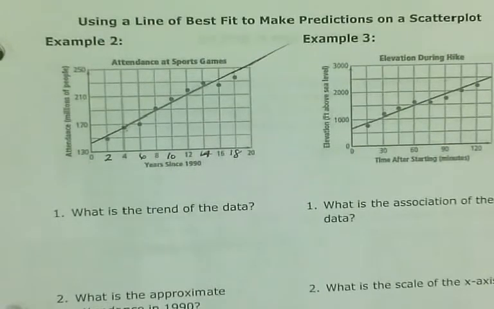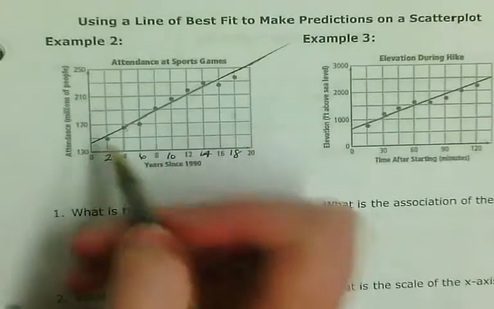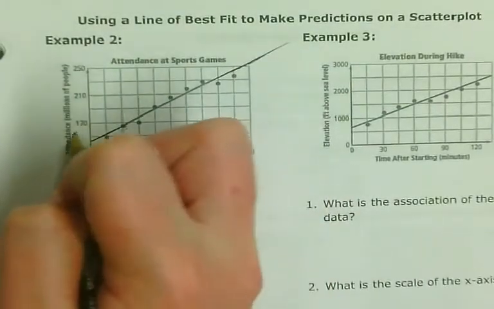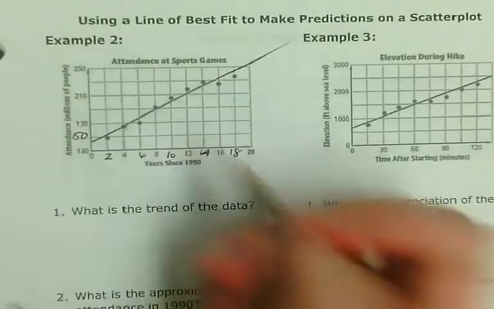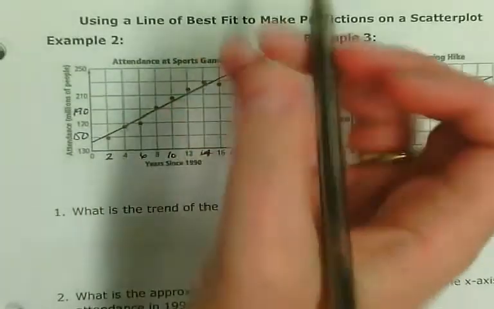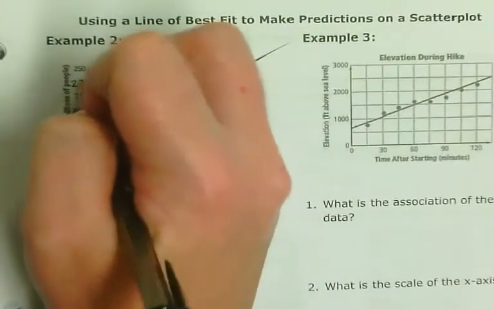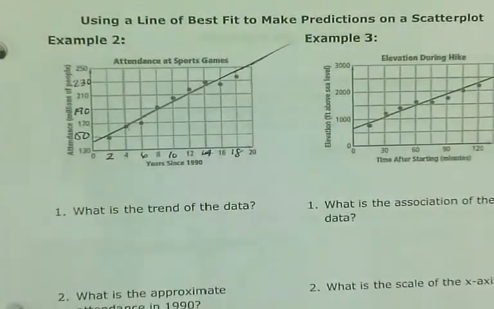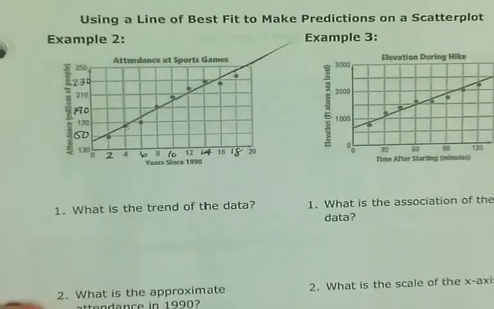From 130 to 170, what is that? That's 40. So I see 40, so it's really counting by 20. So what's 20 more than 130? 150. 20 more than 170? 190. And 20 more than 210? 230. Sometimes that's really helpful to have that filled in.